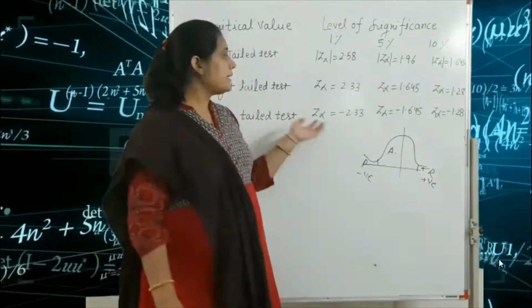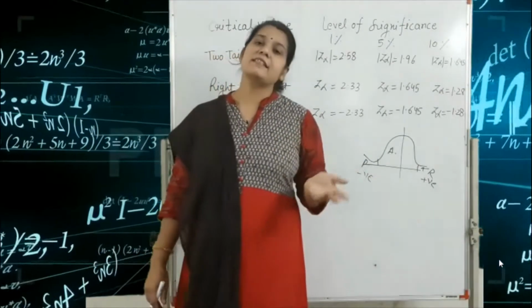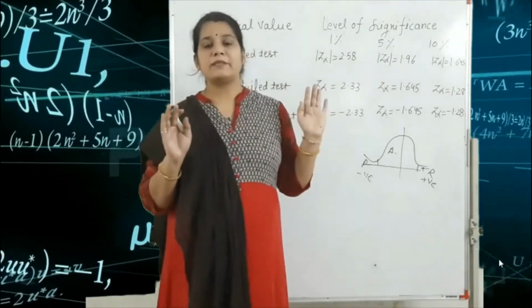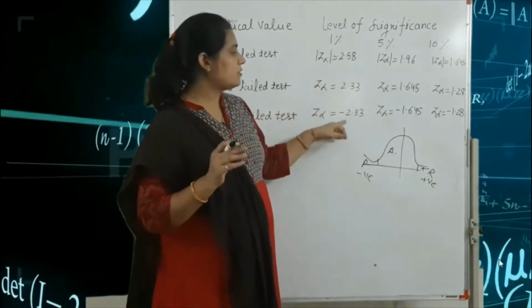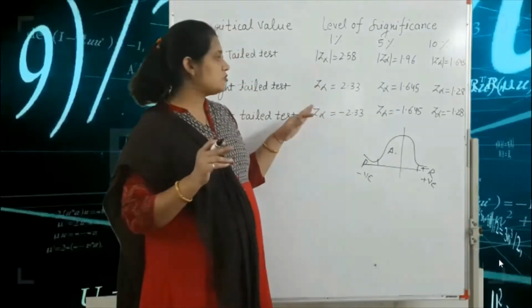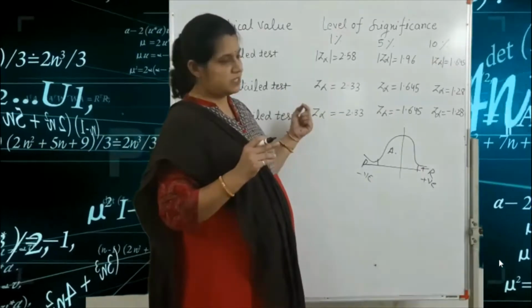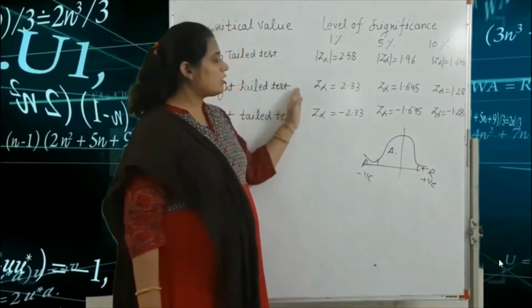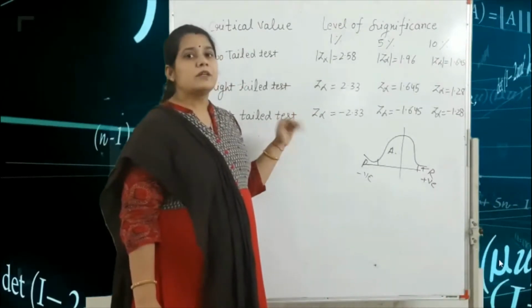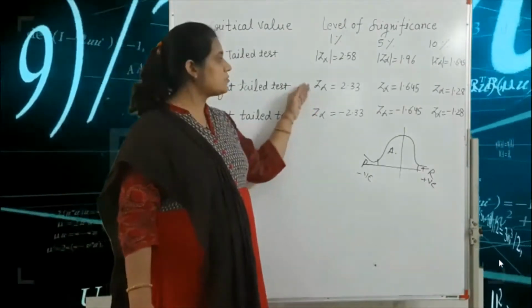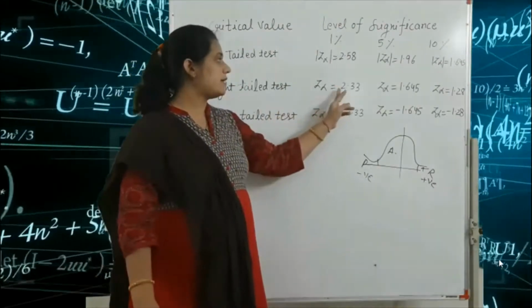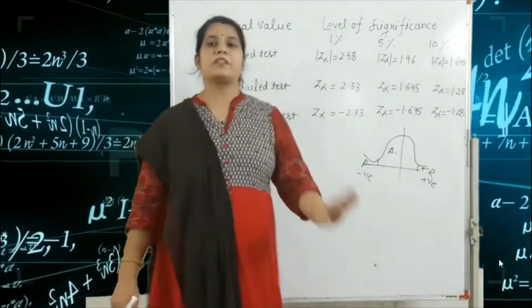Got it? And we always write mod of Z in the positive form. That means if we compare both the values, there is no chance for any correction or any mistake. So for a question given in the one-tailed form, always write mod of Z alpha is equal to 2.33.